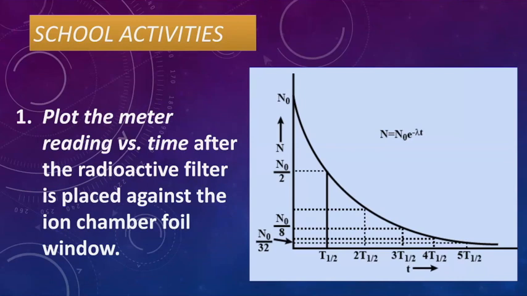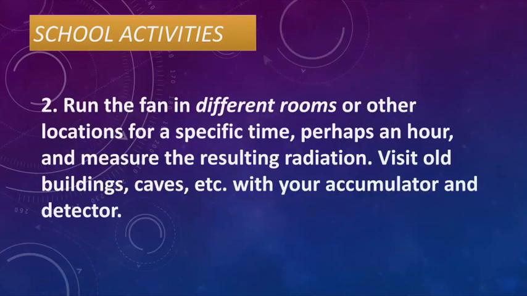For example, we can measure the multimeter every minute and go on for about an hour. I think that the typical decreasing exponential graph of the decays will appear with this measure. So this is the first very easy activity that we can do with the ion chamber.